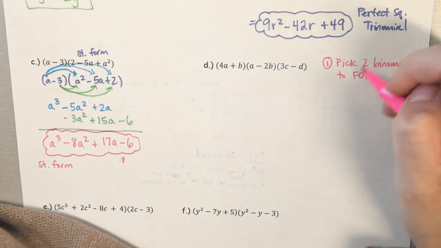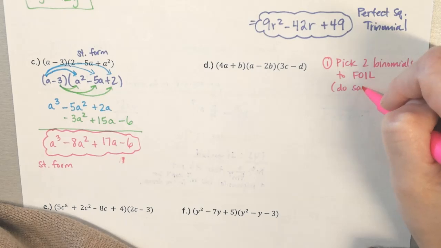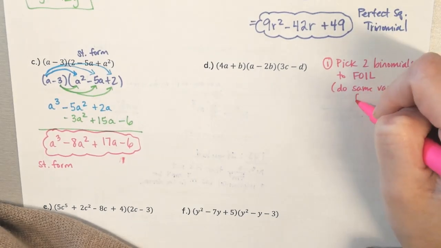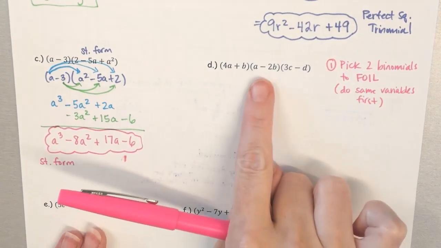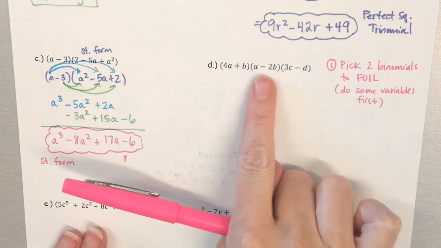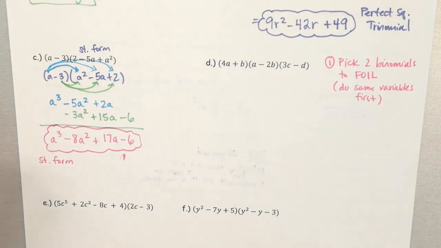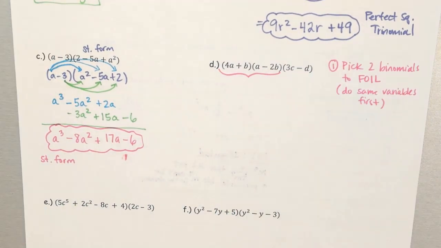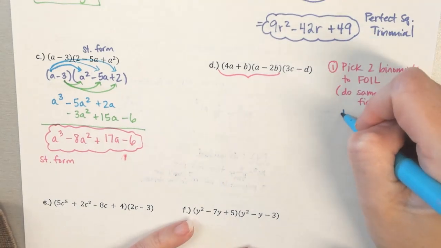Okay, and then if you can, do the same variables first. So this one has A and B, this one has A and B, this one has C and D. So if I choose the ones with both A and B, we're going to FOIL those. When you multiply, you want to make sure you put them in alphabetical order.